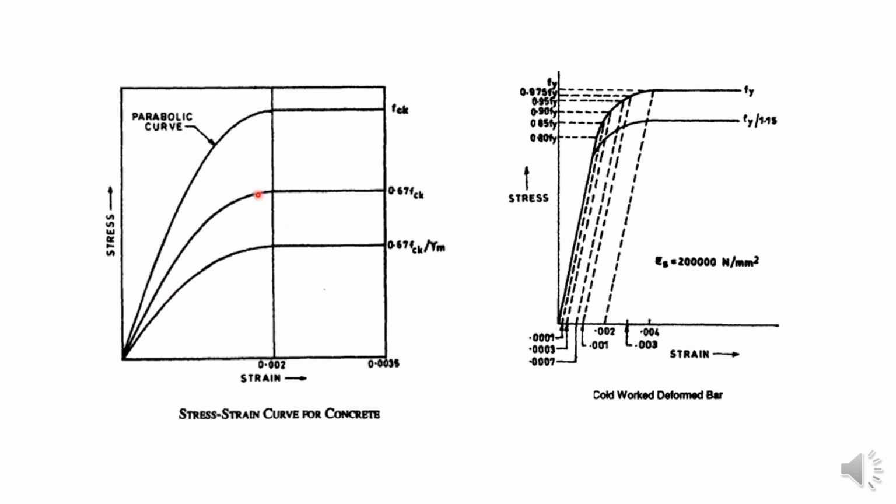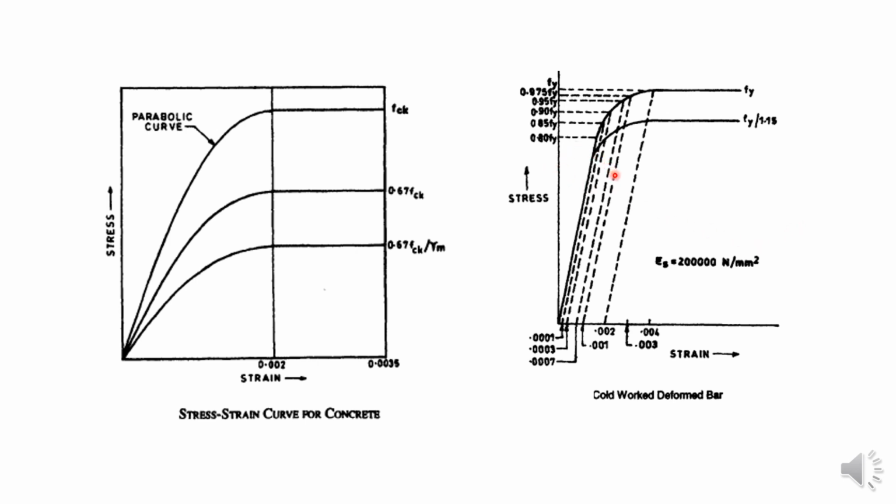The other important part is that since the strain is 0.0038 for Fe415, we get the value of 0.87 fy. Why 0.87 fy? Because we use the partial safety factor for the material, which is 1.15 for steel, so 1 divided by 1.15 gives 0.87 fy.